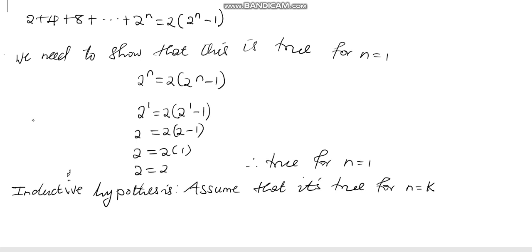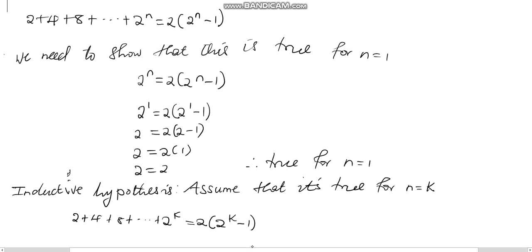So here we have 2 plus 4 plus 8 plus 2 to the power k equal to 2 open brackets 2 to the power k minus 1 like this here. So under the inductive hypothesis, you only make a substitution where there's n, you put k there. So we'll go to the third step now.